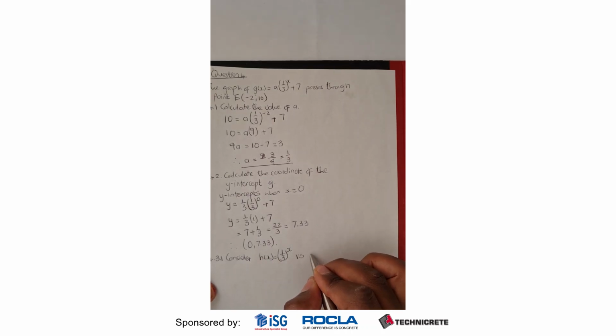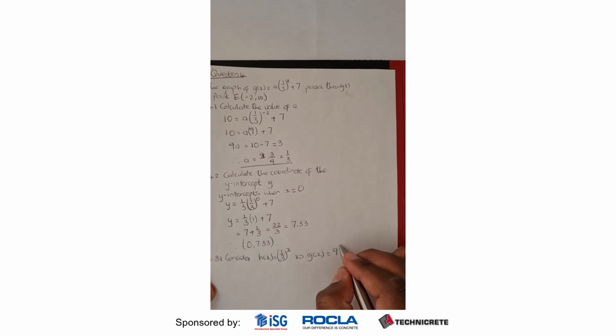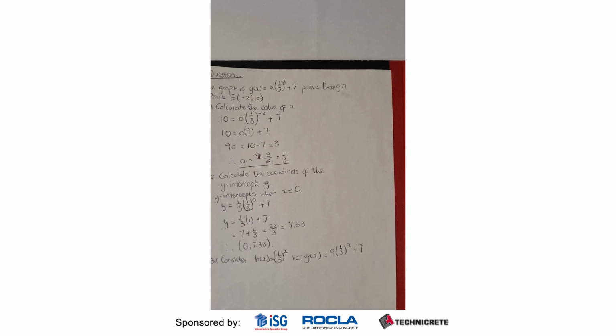So let's just write it down here next to it so we can do a quick visual comparison there. So that is our h of x and our g of x. First difference is for h of x, our a is 1, and in here our a is 9. This is the same, and then our g of x has a 7, and our h of x doesn't. In fact, you could say that it has a 0, so it's plus 0.